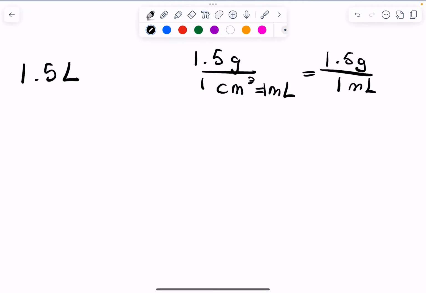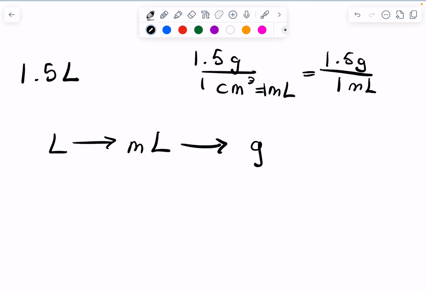Like that's okay. So now, if you're starting with liters and you want to get mass in grams, here you would go liters to milliliters. So that would be a metric conversion. Then you would use this to go to grams. Does that make more sense now? Yeah. Yep. Thank you.